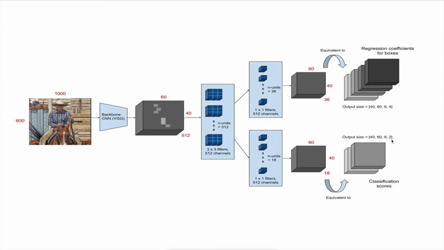That's why we are classifying everything. The output size is 4 into 60 for height and width, where 9 is the anchor boxes and 2 is the classes. So that is the final output. This is all about Fast RCNN and how Fast RCNN works.